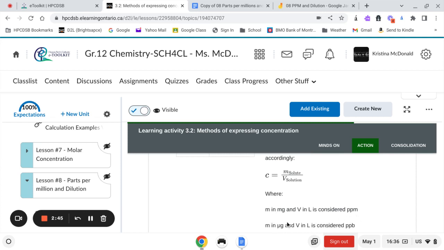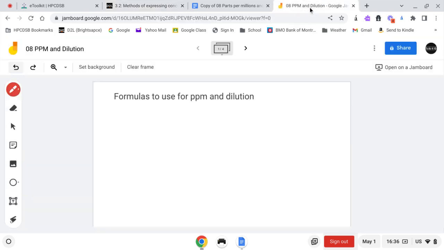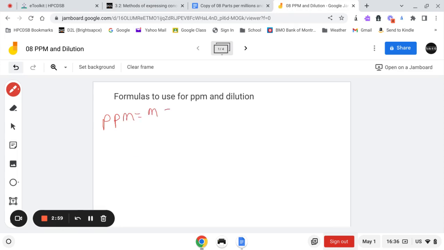You may have to convert, it's possible, but that is what we're dealing with initially when we look at these formulas for parts per million and dilution. So for ppm, the concentration is going to be mass of solute in milligrams divided by a volume of solution in liters.